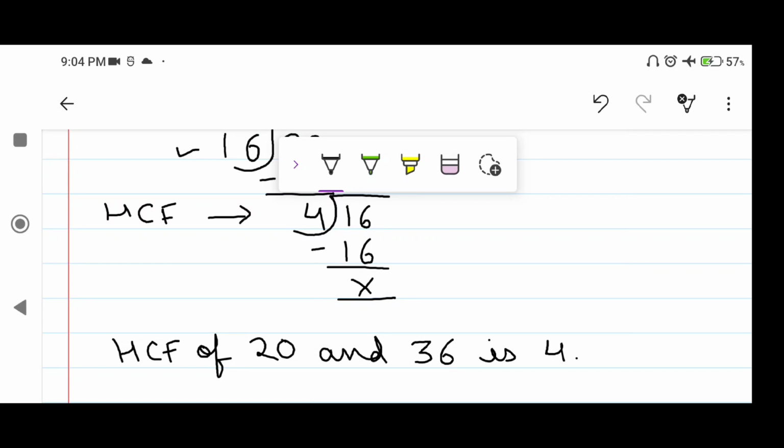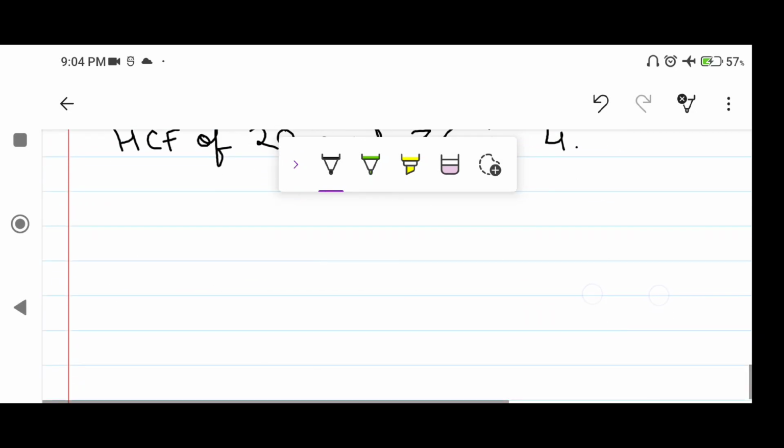Now let us take more than two numbers. Let us take numbers 6, 8 and 12.